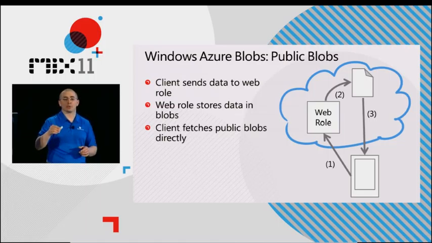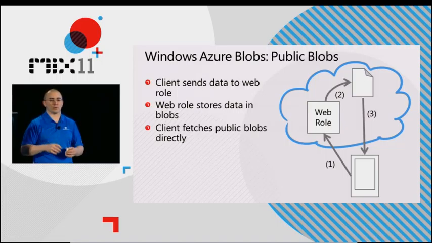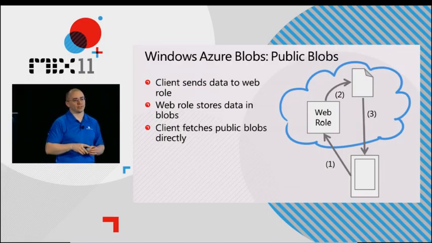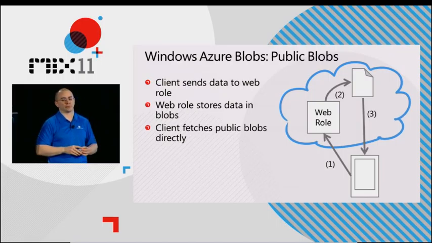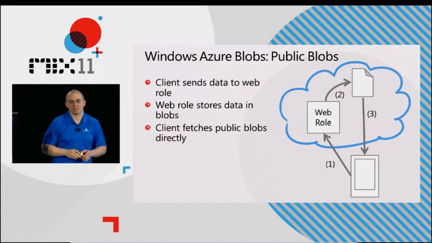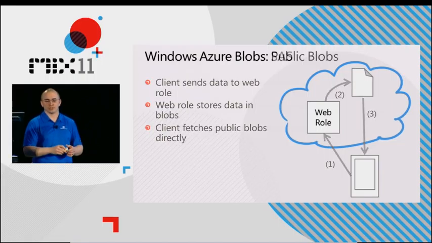And so the web role has the token that's used for Windows Azure Storage, and it has the ability and the access to write to blob storage. So just because it's a public blob that can be read publicly, you still need to have the underlying account key in order to do the write. And so rather than putting that key on the device, which could potentially cause it to become available somewhere else, you want to make sure that that key lives in your service and that the service is responsible for doing the writes. So this is a pattern for interacting with public blobs.